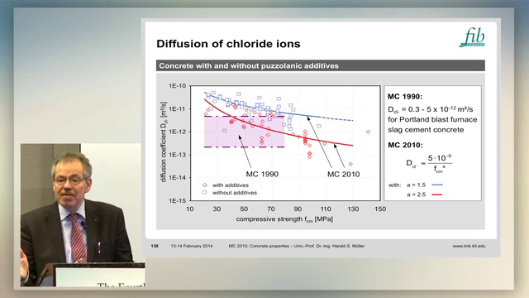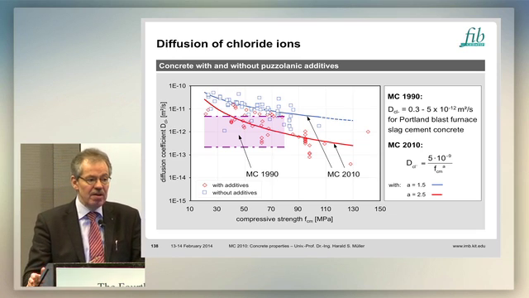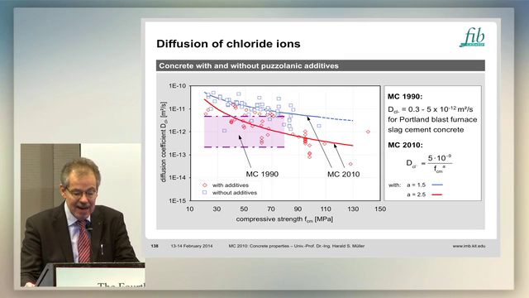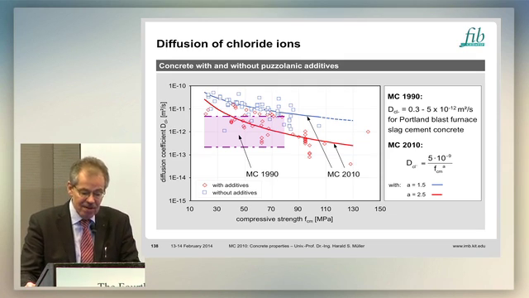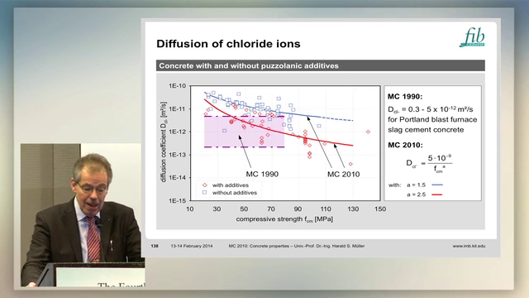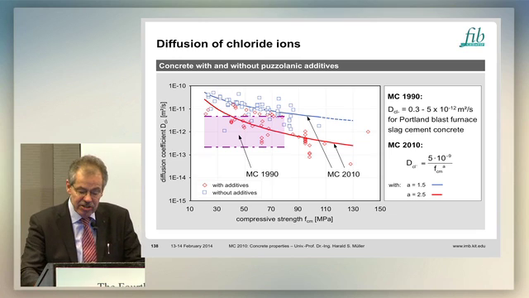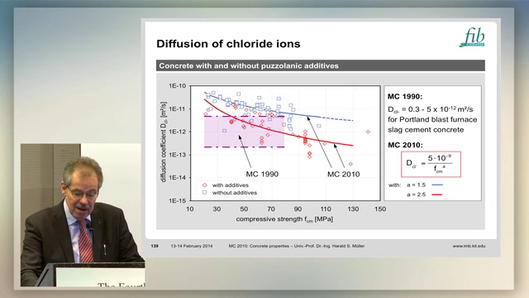Of course, compressive strength is a very crude measure of the microstructure of the concrete. So you have a scatter, but there is nevertheless a clear trend, and this is met well by the Model Code 2010 relation.